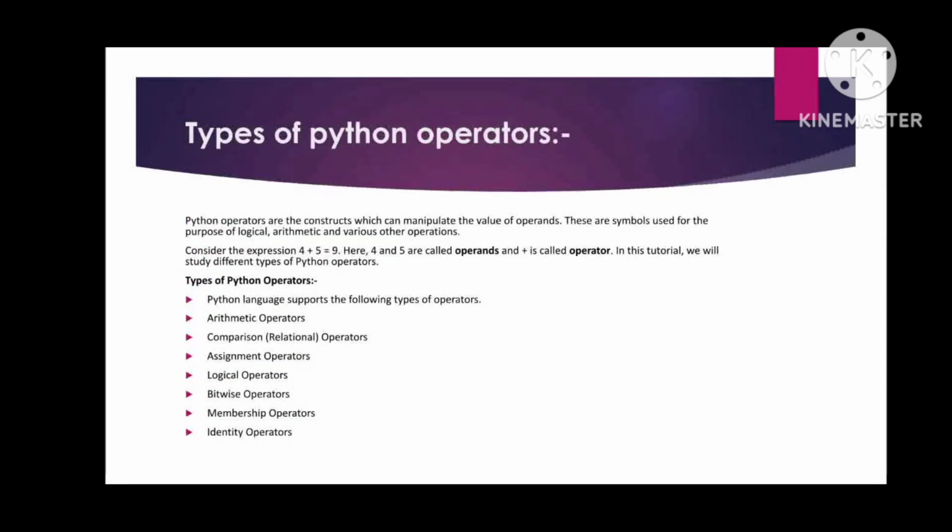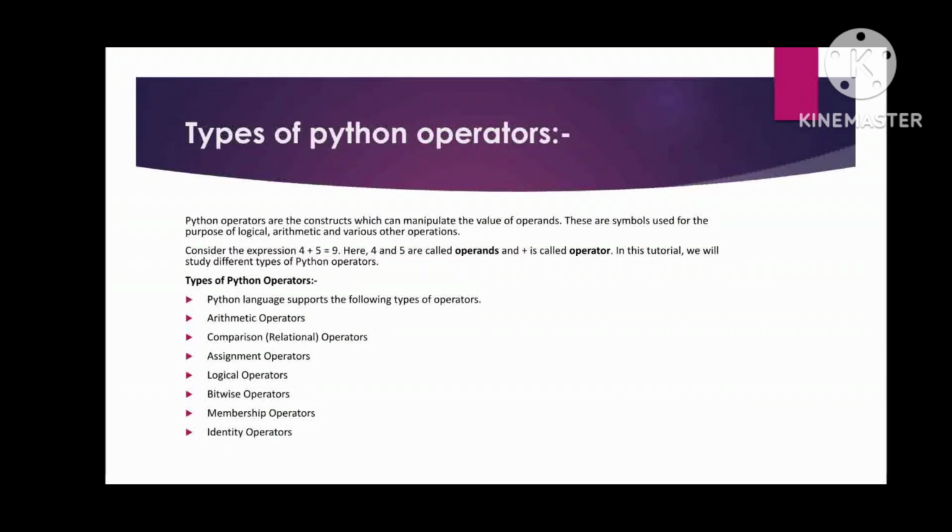First of all, what is a Python operator and what are its types? Python operators are the constructs which can manipulate the value of operands. These operators are nothing but the symbols that we use for arithmetic, logical and various other operations.